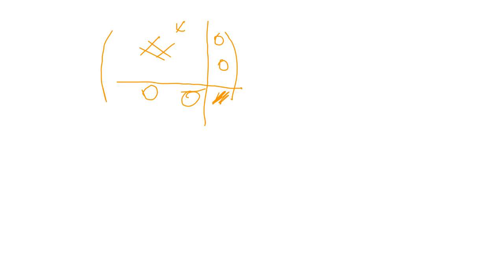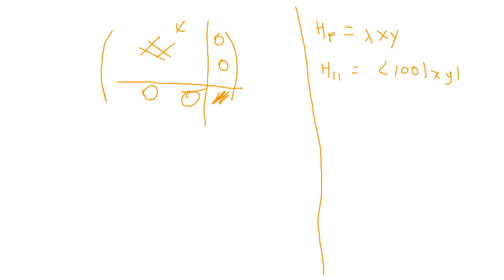Right. So to repeat, I have something like HP is given by lambda xy. And for example, I'm trying to find what is h11. So h11, my vector I chose to be 1 0 0, x y, 1 0 0.